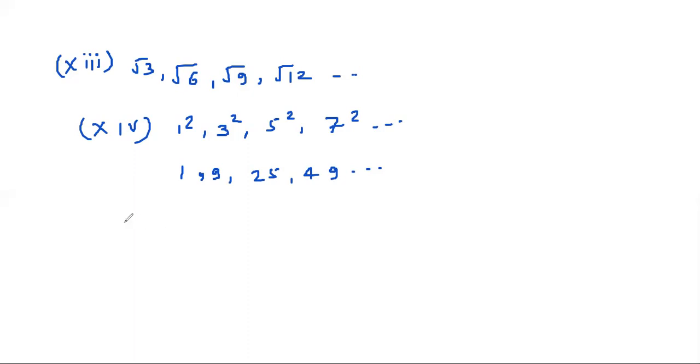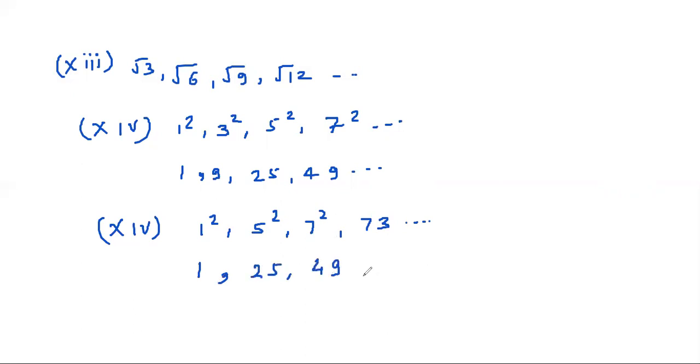Let's go to last part. 1 square, 5 square, 7 square, 73. So let's check. This is 1, this is 25, this is 49, this is 73.